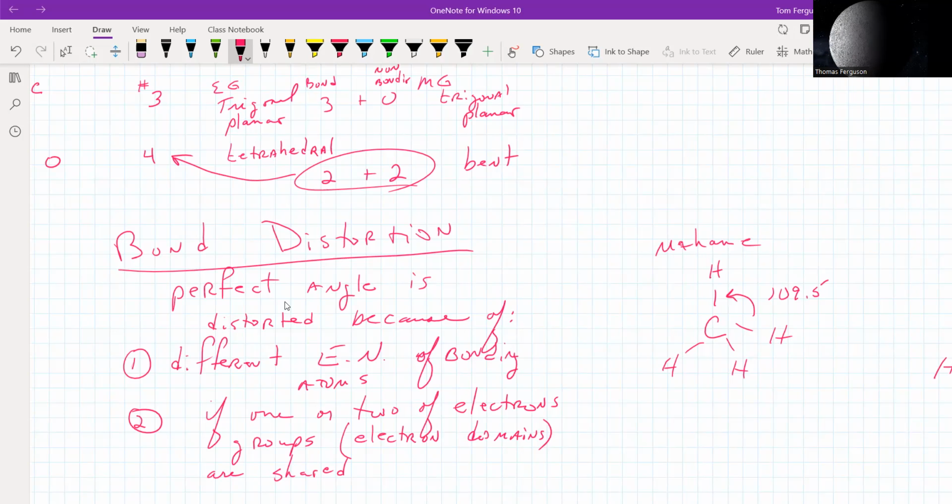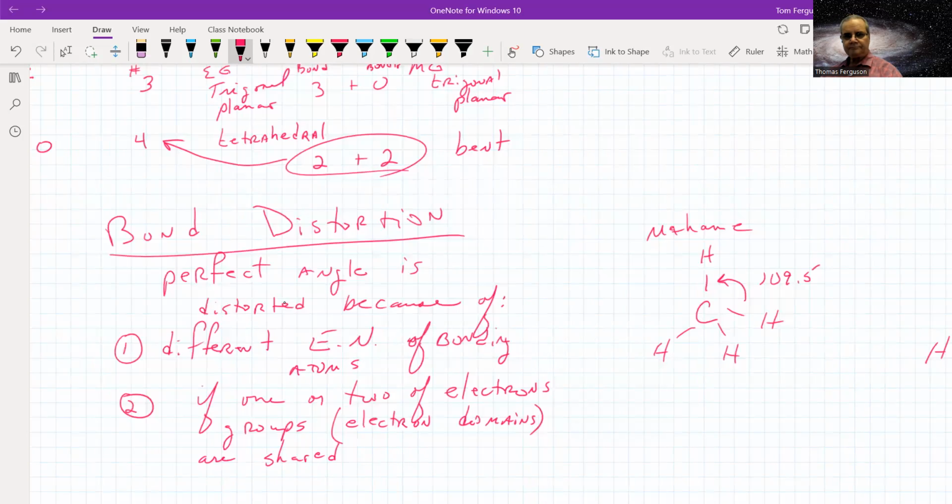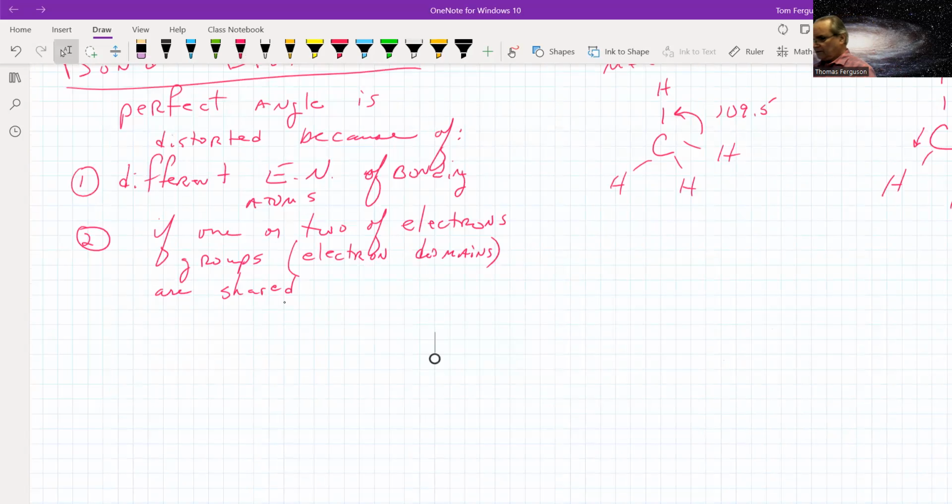Now, electron pairs that are non-bonding are particularly close because there's no other atom pulling the electrons back. They're just all being attracted to the one central atom. So let's look at ammonia.